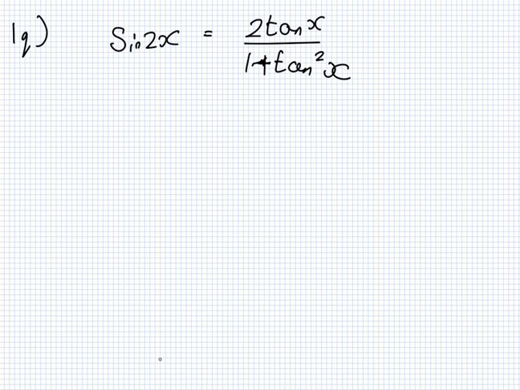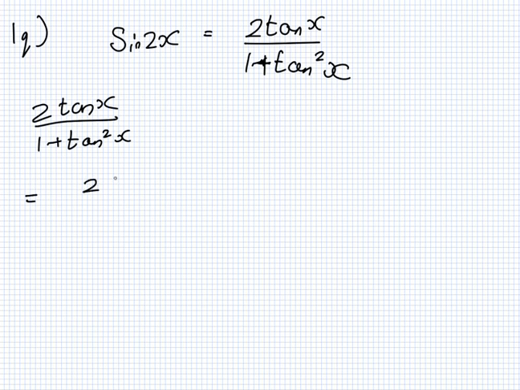Okay, does anyone have this proved? Yeah. Some people do. So what did you do? Did you start at the left or the right? Right. Yeah. I think the right is much easier to start with. So you have 2 tan x all over 1 plus tan squared x.